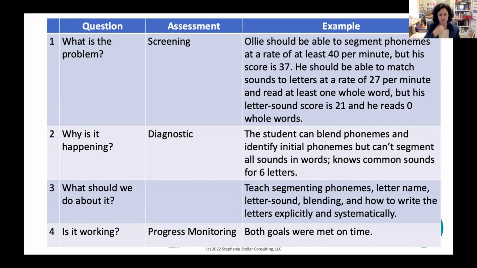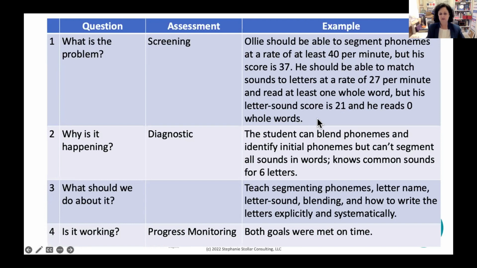Like factors related to the student, but also factors related to the instructional environment. So we're going to define the problem, so to speak, in observable and measurable terms. We're going to use screening data to inform that problem definition, and it might look something like this.